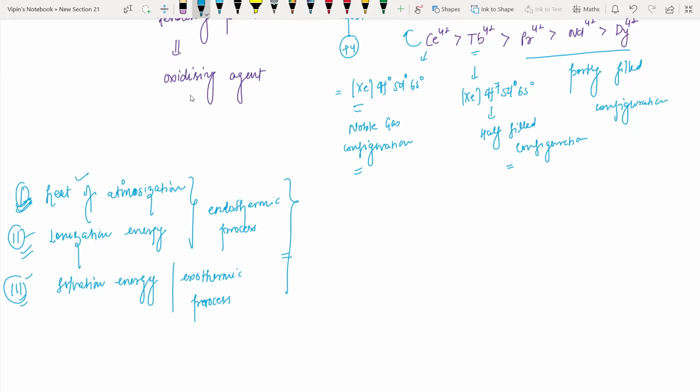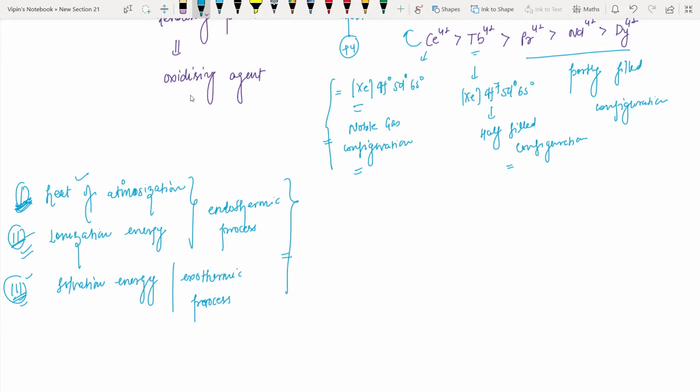Therefore, in most cases, we try to explain the stability of oxidation state on the basis of stable configuration. But it is not always true, right? So it is easy to explain by this method, because for the knowledge of these we would have to do experiments, and we cannot do experiments since we are studying theoretically. So try to learn it, right?